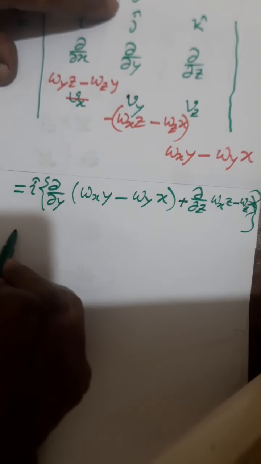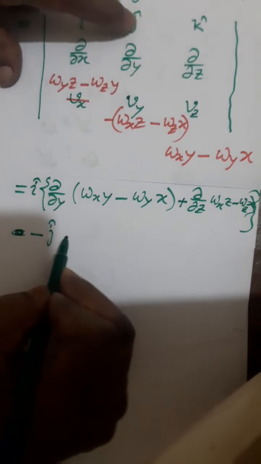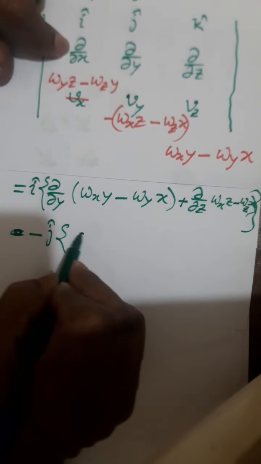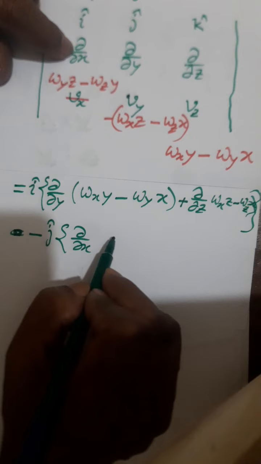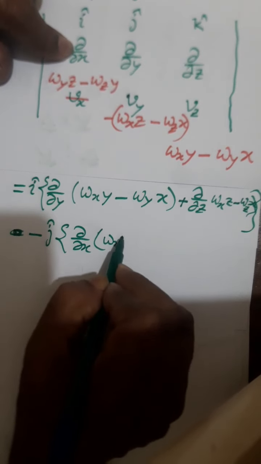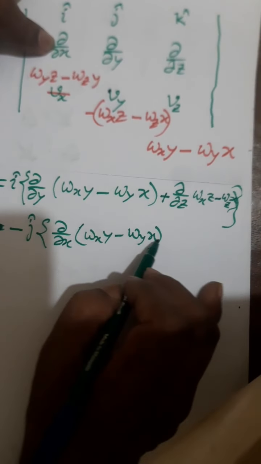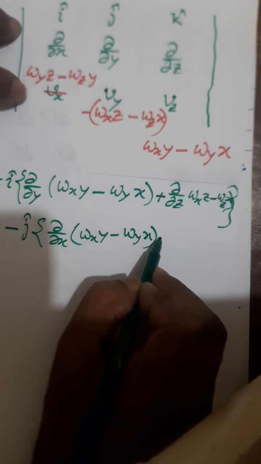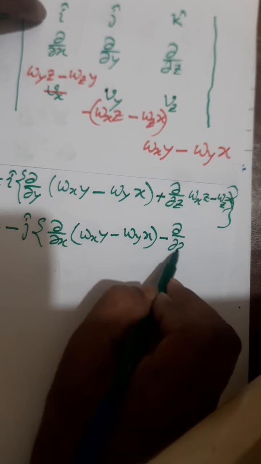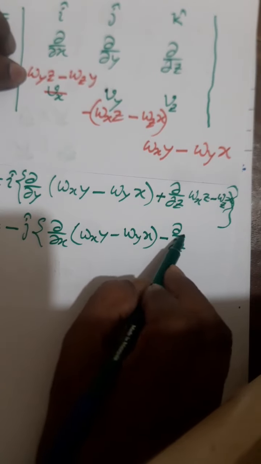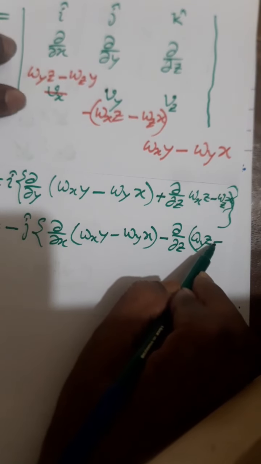Next, minus j into [del by del x (omega x y minus omega y x) minus del by del z (omega y z minus omega z y)].